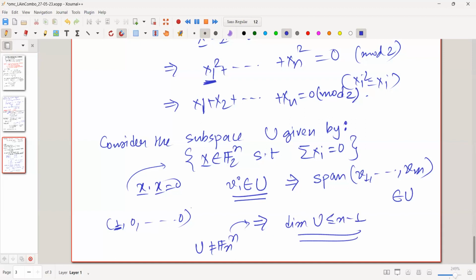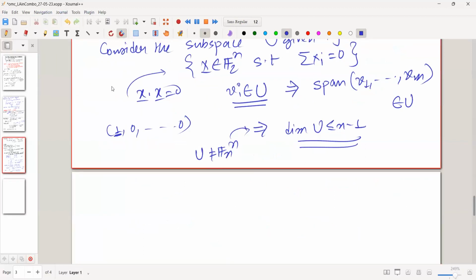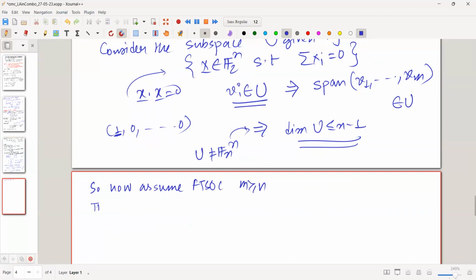Okay. So now we have dropped the dimension by 1, and now we will try to prove that it's not possible for them to be linearly independent if m is greater than n. So assume, if possible, m is greater than or equal to n. We wanted to prove m at most n minus 1, so we assume the opposite. Then consider the vectors V1 up till Vn, and there are some remaining ones which I don't really care about.